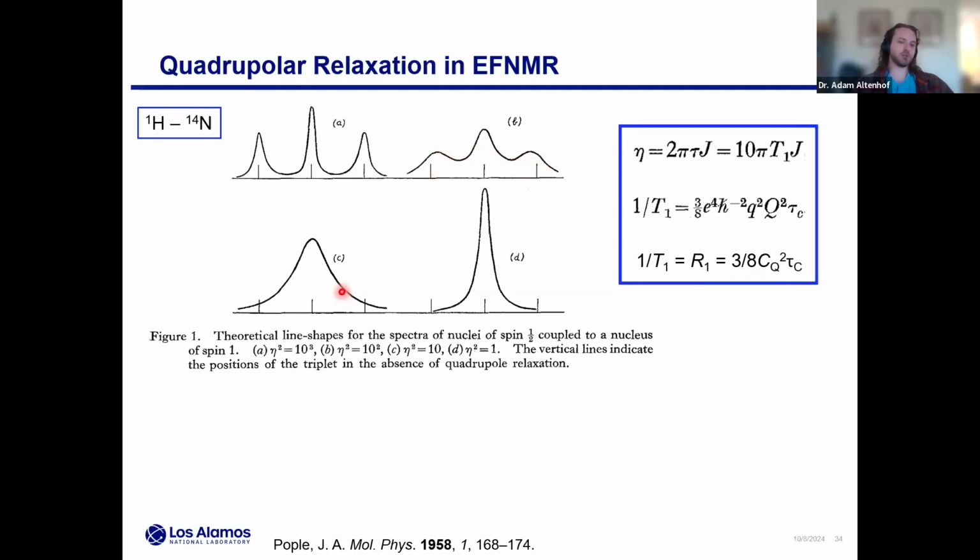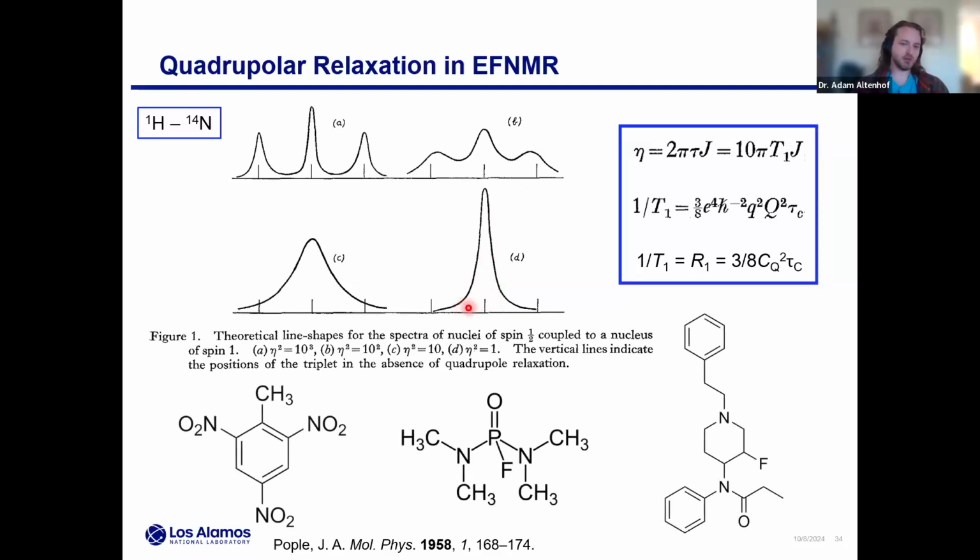You'll eventually hit this regime where there's sort of coalescence of the 3 lines. And then ultimately, with really rapid relaxation, the nitrogen will basically decouple itself. So it's as if the nitrogen was never there. Now, these effects should be really important to consider because, for threat detection, right, explosives, warfare agents, drugs, there's almost always nitrogen.